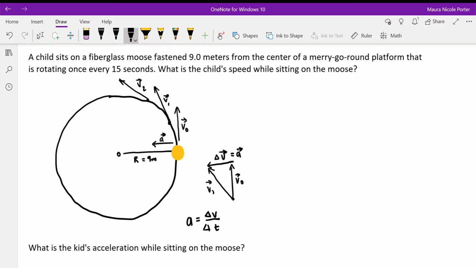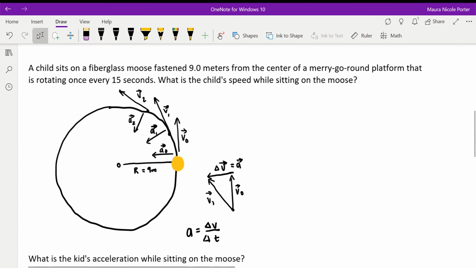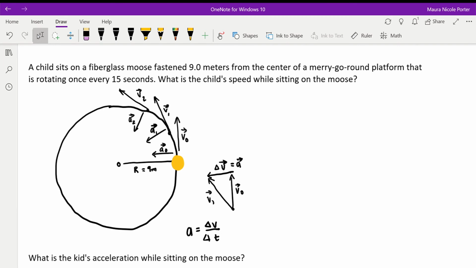And if we were to do that for each different position that the moose is at, then we could draw all of these little acceleration vectors, and every single one of them is going to point in towards the center. This is centripetal acceleration, and they point radially inwards. So anyways, now let's actually get into the problem.